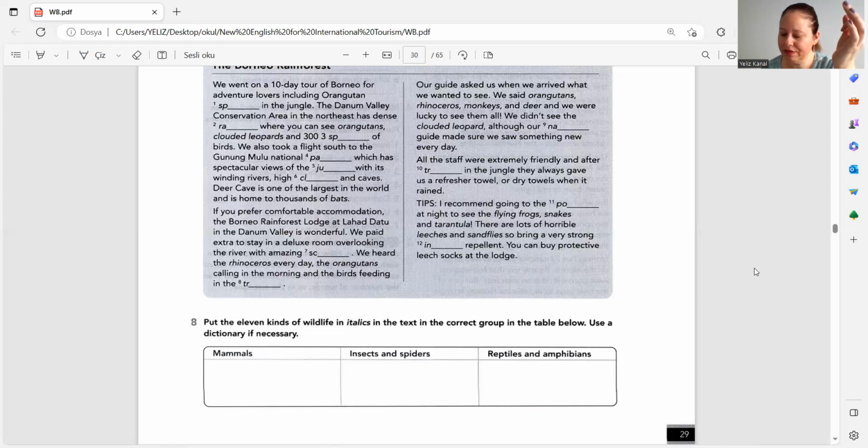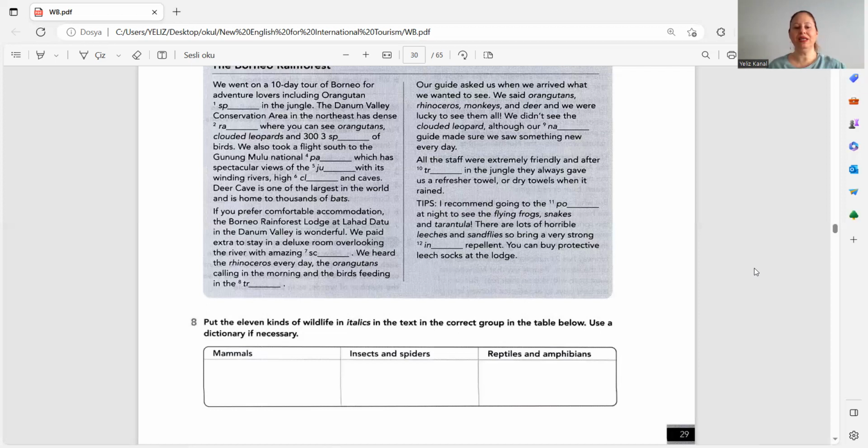And one more thing. Deer. There is also one more thing. Oh, deer and one more mammal, flying mammal. Bats, right? Bats. Okay. These all go in the mammal category.